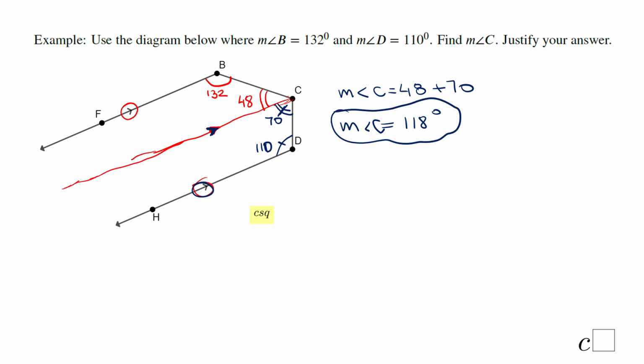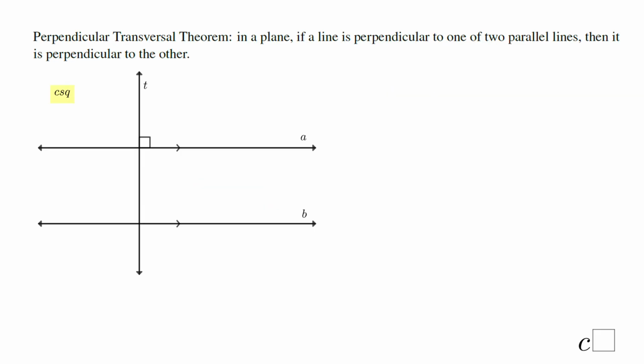Okay, and my last thing in this lesson will be about this theorem that goes with what we learned today, which is called the perpendicular transversal theorem. In a plane, so be sure you need to be in a plane, not in space.